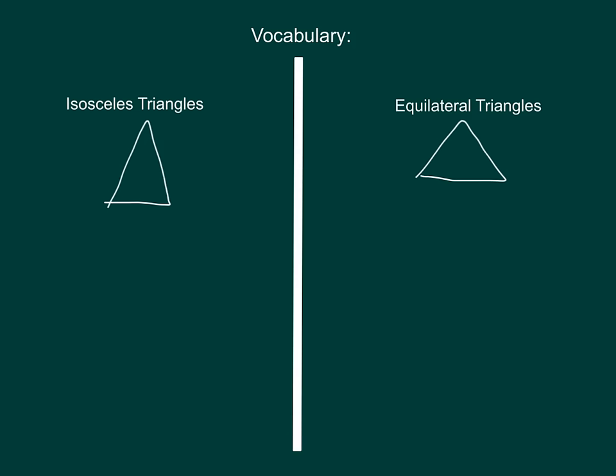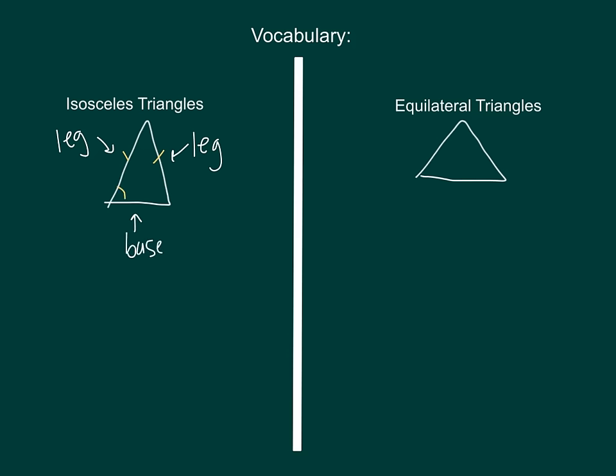So when we have an isosceles triangle, okay, we have this as our leg, this as our leg, saying that those are both congruent. This here is our base, okay?